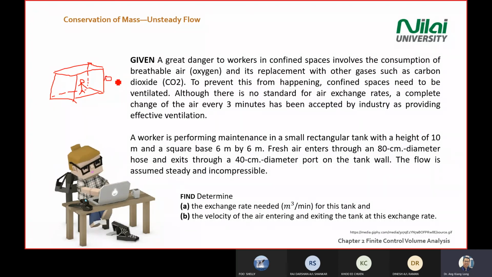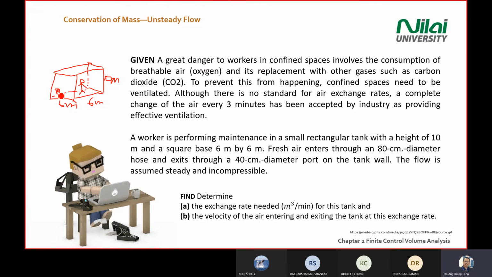When you solve a question, remember to change all your units into SI units. So meters, and the base is 6 times 6. So we have 6 times 6 here. Okay, and the fresh air enters through some holes. Let's say it is pumped through here.